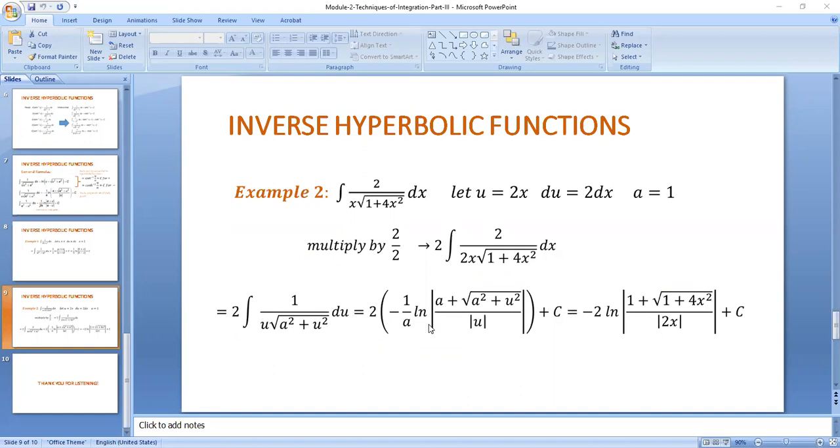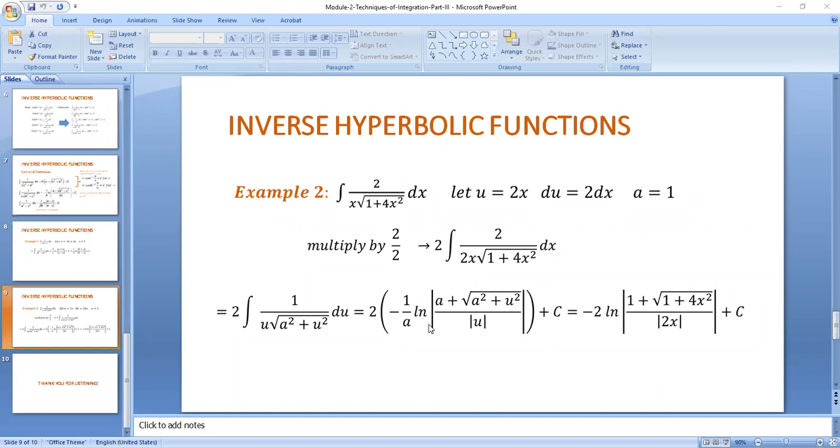Now, any questions for the inverse hyperbolic functions? So just like the inverse trigonometric functions, class, you need to be very careful in terms of the form that you are comparing the given integral to.